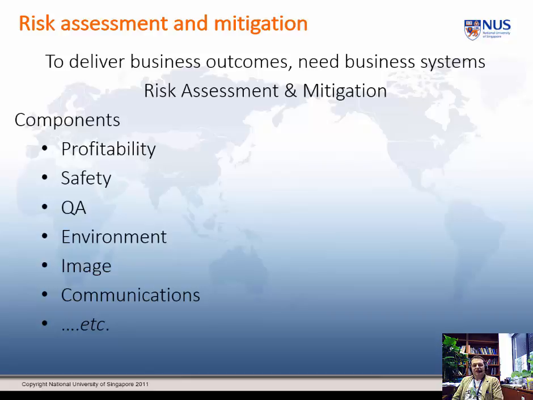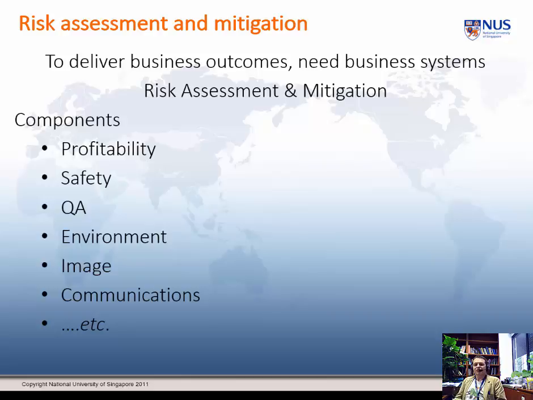So the types of systems that this goes alongside of in terms of business plans, profitability, safety, quality assurance, environment, communications policies, policies on image, all of these things are all tied together in the way that the business runs.